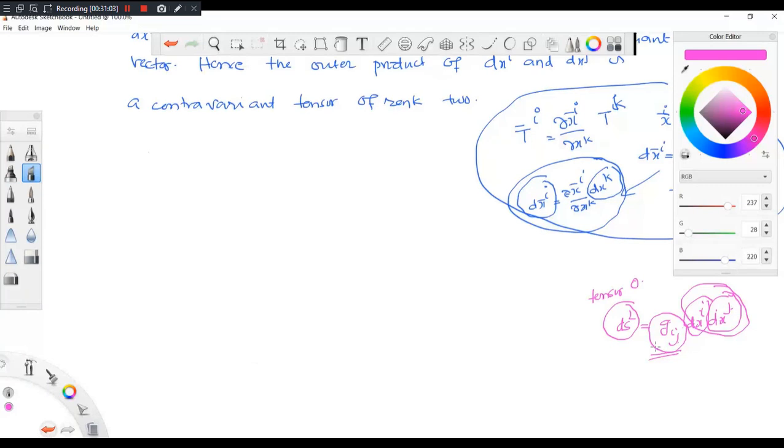Okay, so now I say that we have ds square is equal to gij dxi dxj.